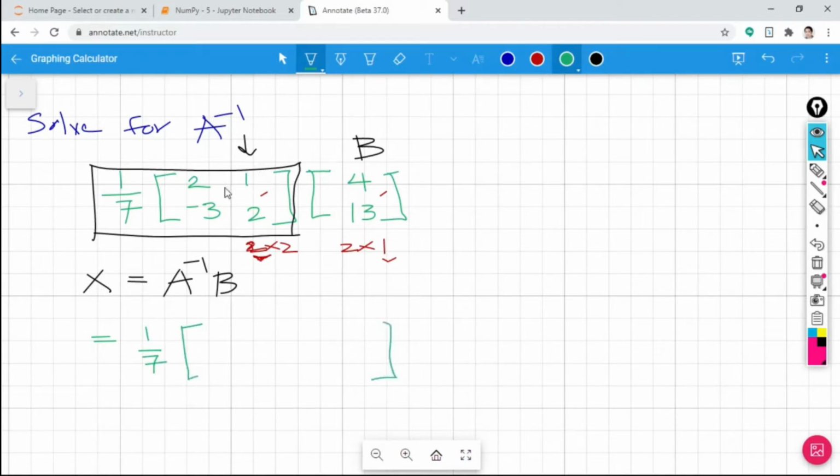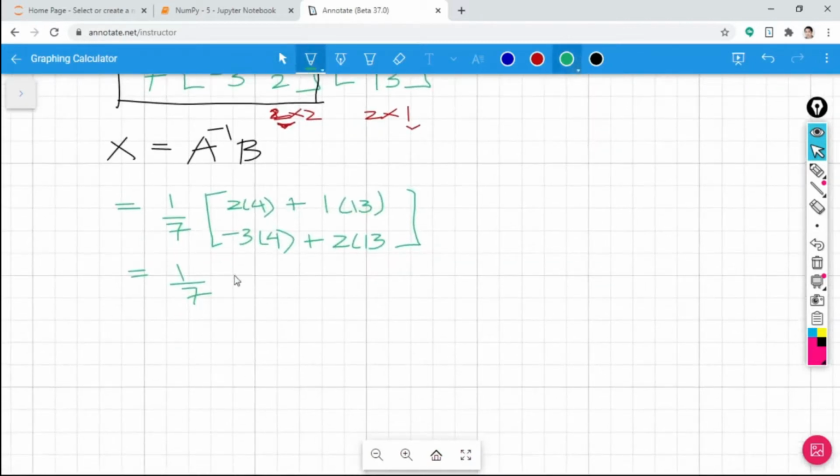So this one is 2 times 4. Okay, so this one is 2 times 4 plus 1 times 13. Okay, so we'll have a 2 by 1. So this one is a negative 3 times 4 plus we have 2 times 13. Okay, equals 7. So let me adjust again.